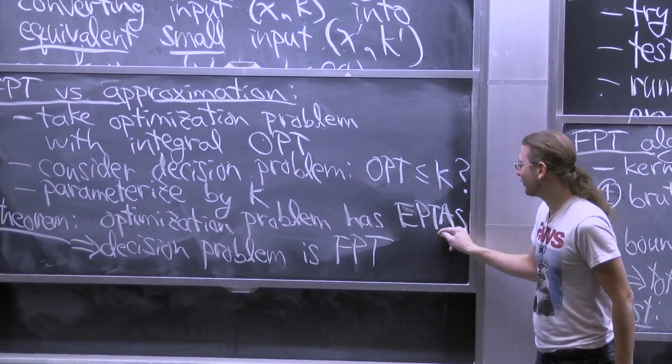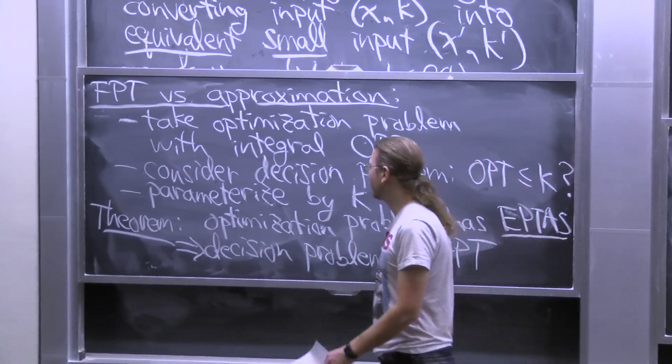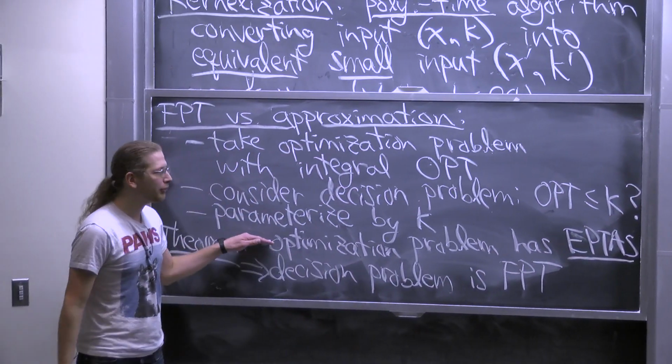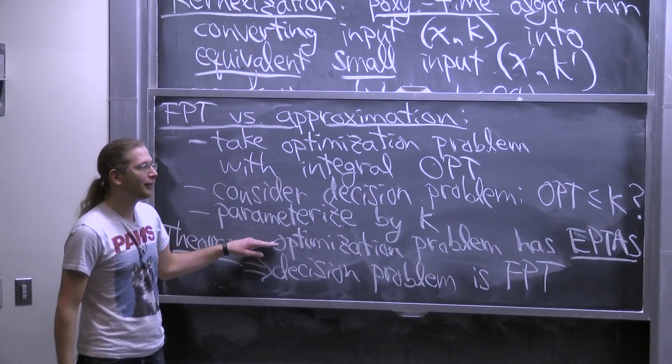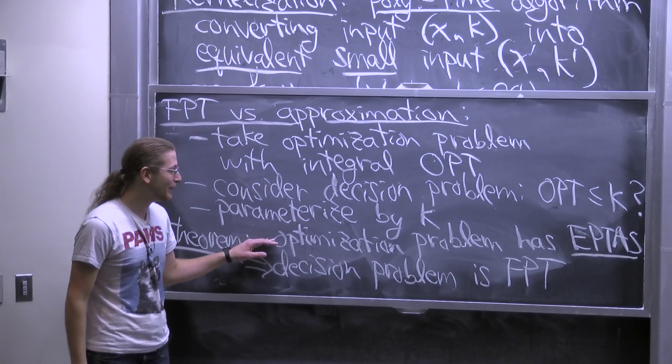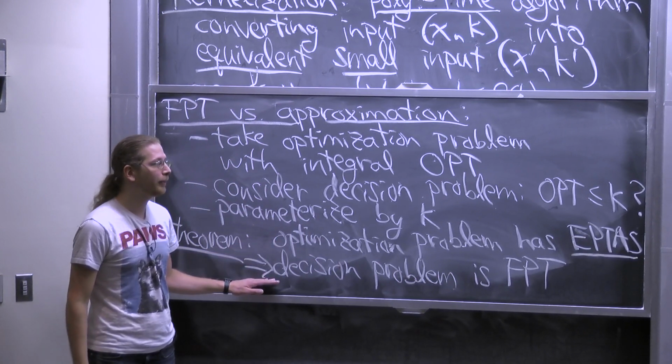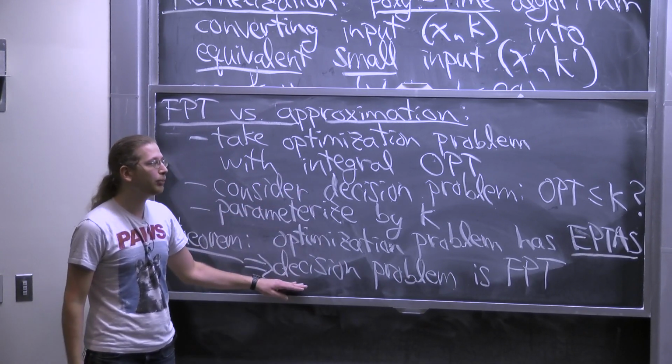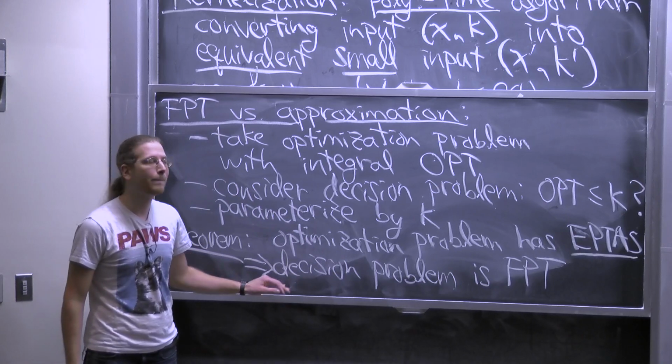And I haven't defined this term yet, but it's similar to one that we saw last class. If the optimization problem that we started with has an efficient PTAS, an efficient polynomial time approximation scheme, then the decision problem you get from here is fixed parameter tractable with respect to k.